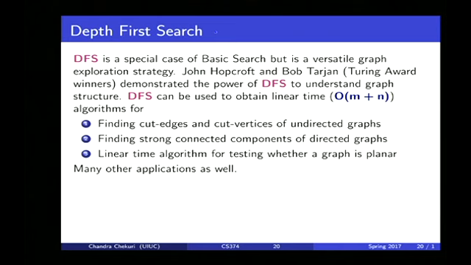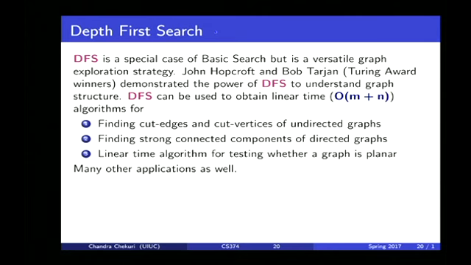It's actually a very nice algorithm. You will see one of these problems in your homework, and we'll see strongly connected components today. And if you are interested in planar graphs, there's a linear time algorithm to check whether a graph is planar, and many more applications.